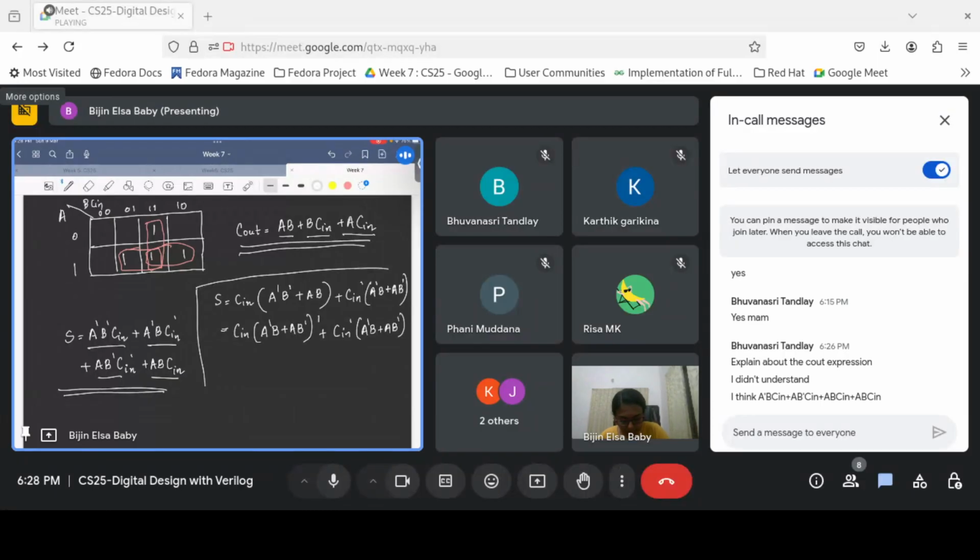So this is the expression of an XOR. Here, this can be considered as A and this can be considered as B value. A XOR B. So we can write it like this.